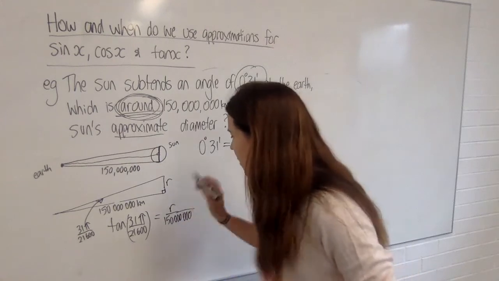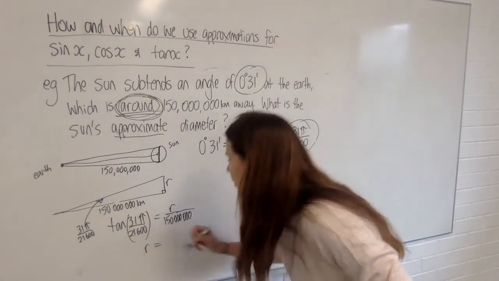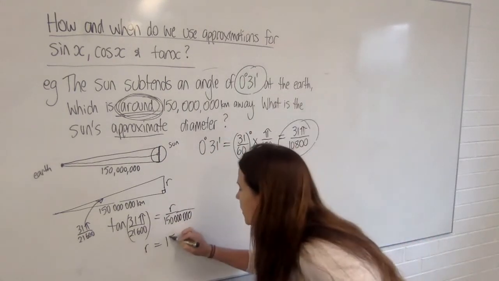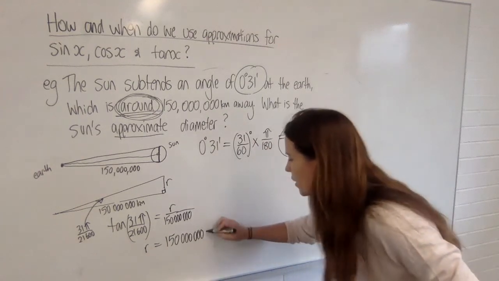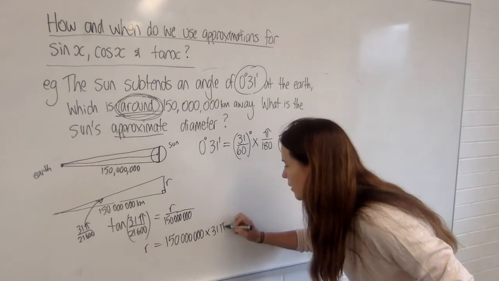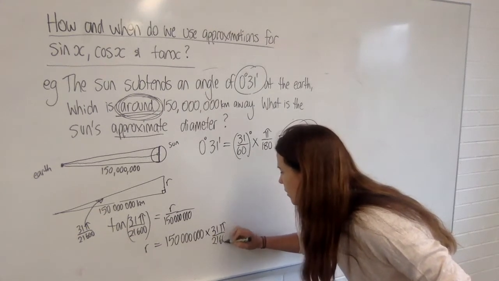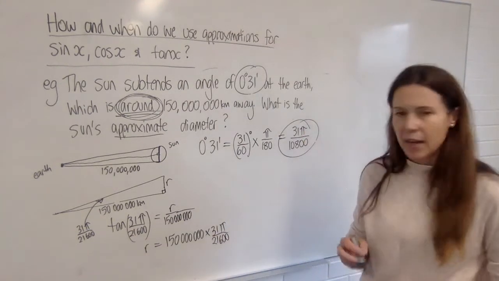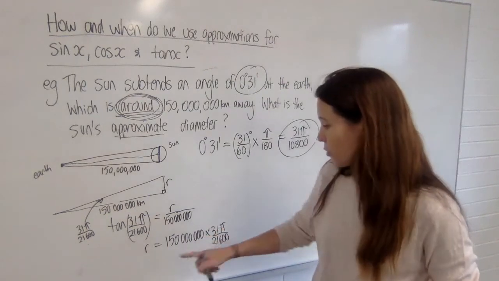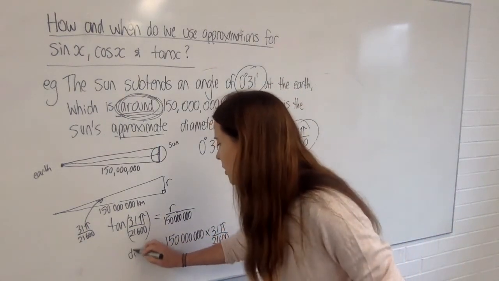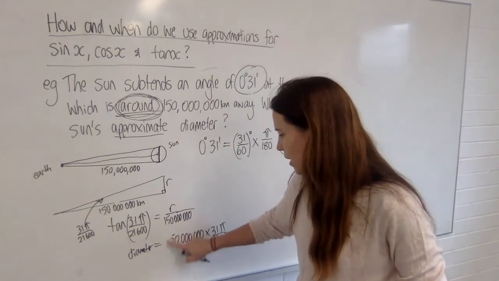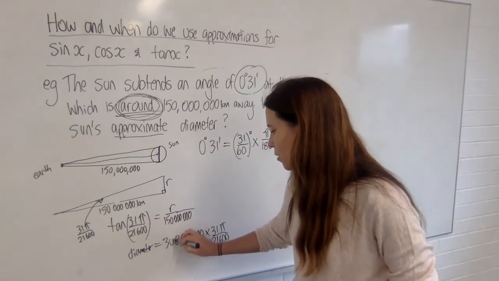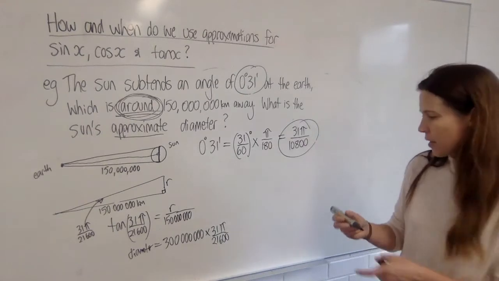So that means our radius is going to be 150 million times 31 pi over 21,600. And if that's our radius, then our diameter will be double that. So I could easily jump straight to that. Instead of having 150 here, I can just change that to 300, a little bit cheeky. Now I've got something to put in my calculator.